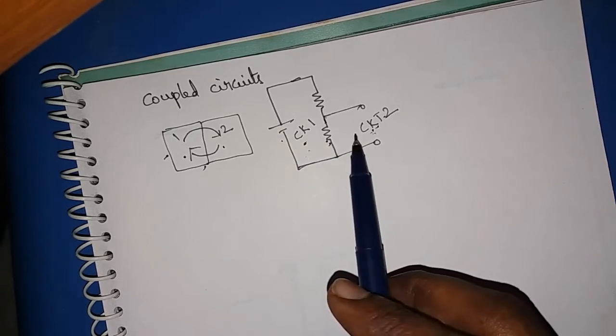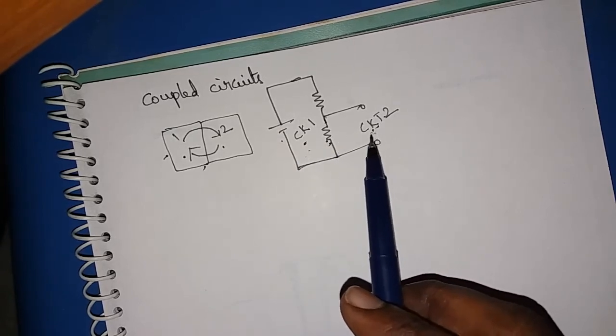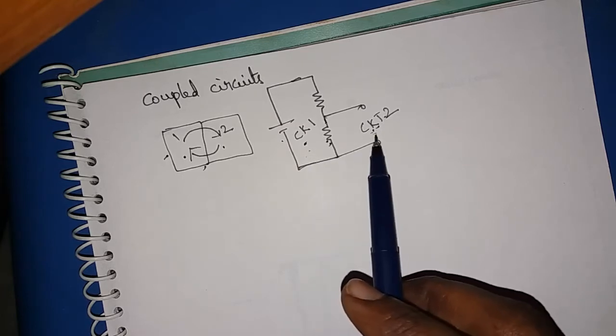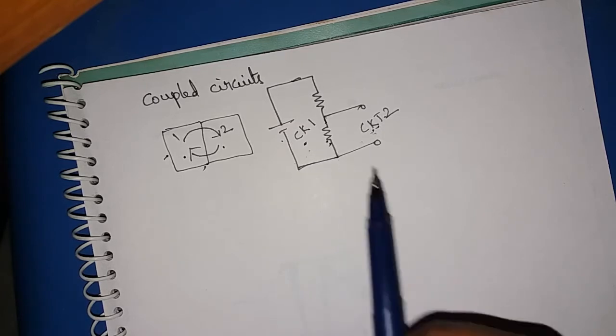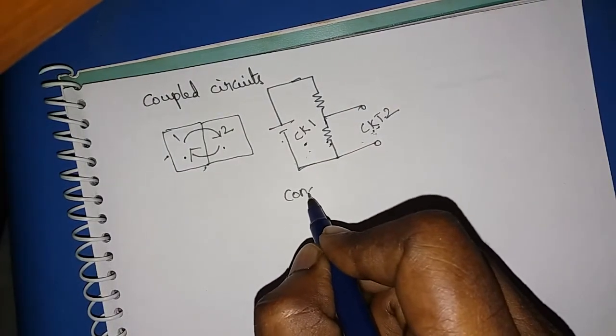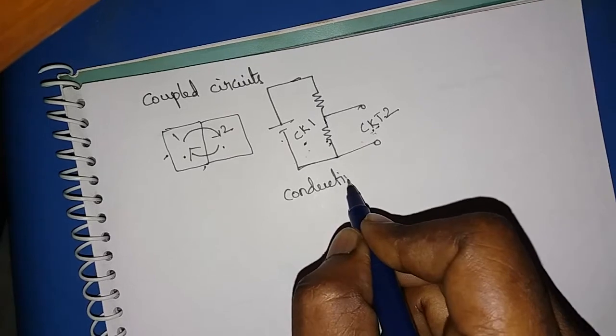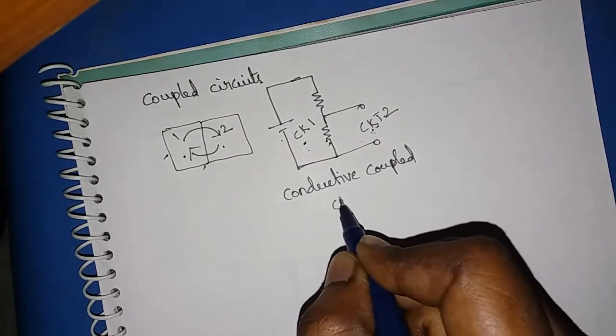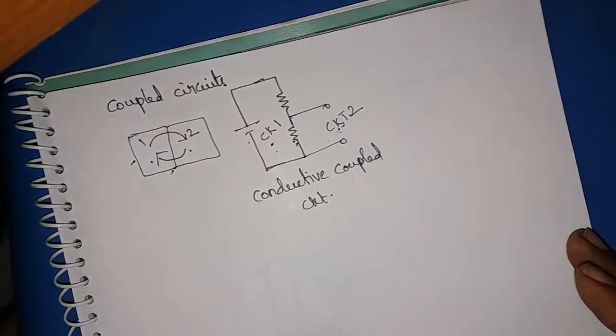So this is a coupled circuit. Here the energy is transferred by means of conduction, so it is called a conductive coupled circuit.